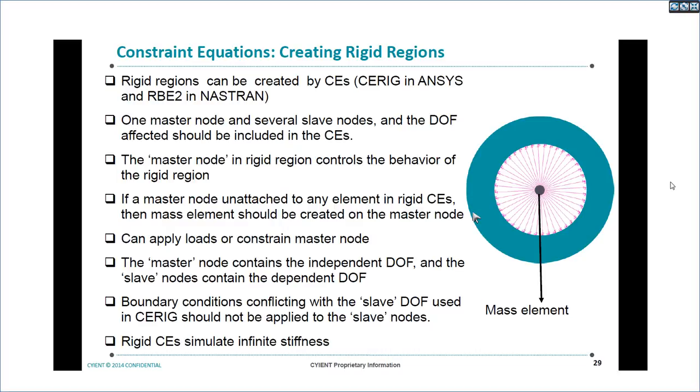I want to apply a load at the center, but it's a hollow pipe. So what I can do is create a mass element, and this node will be master, and we will use CERIG or RB rigid region, and we will apply the load.